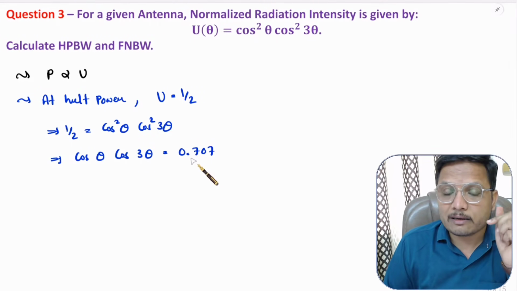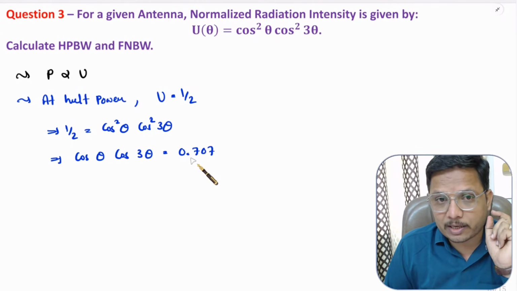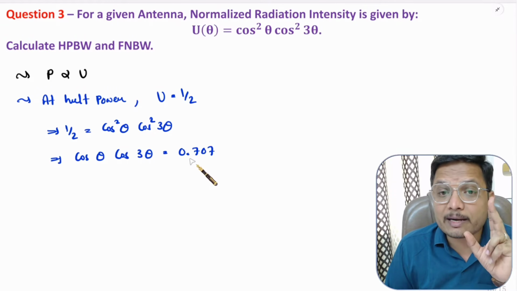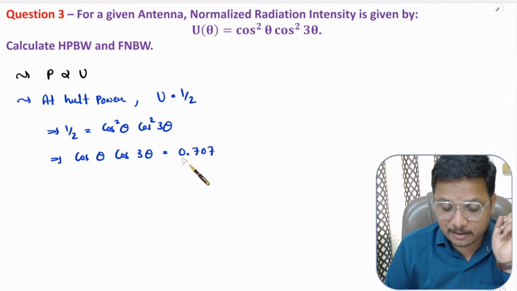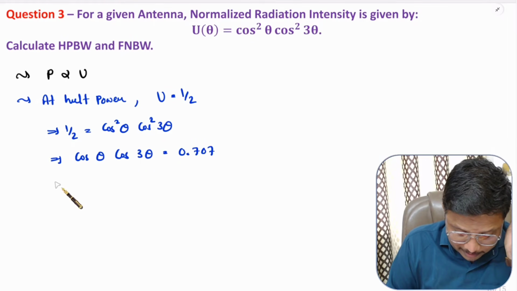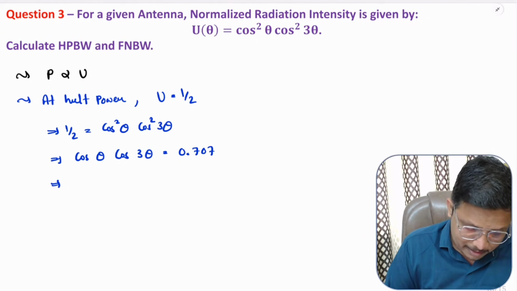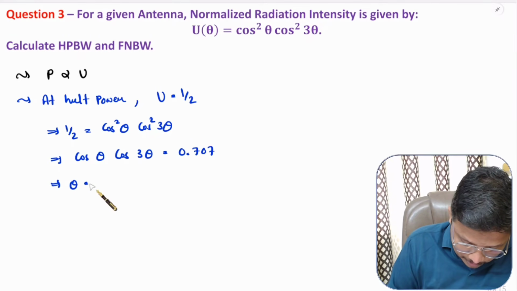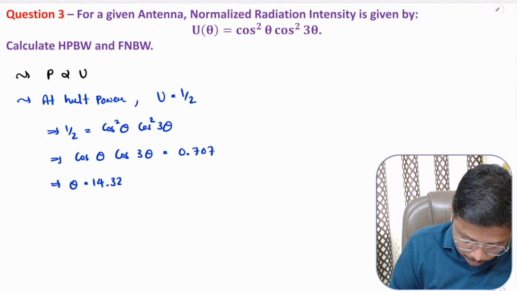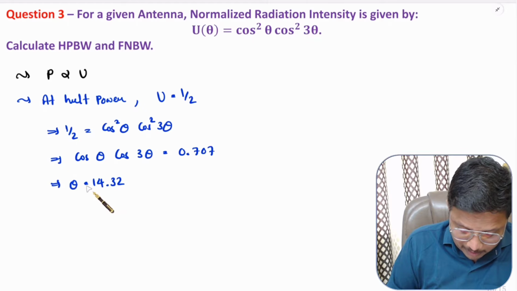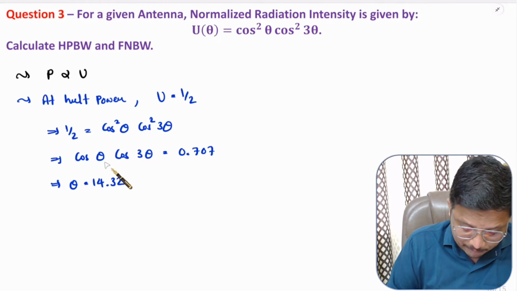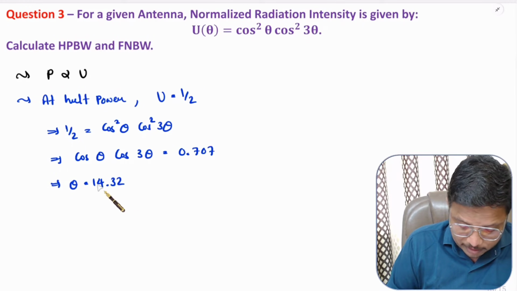Now we need to identify the angle, and you can identify it by trial and error, right? This is what I have identified by trial and error in my calculator, and that is somewhat 14.32. So now I have theta at half power, that is 14.32.